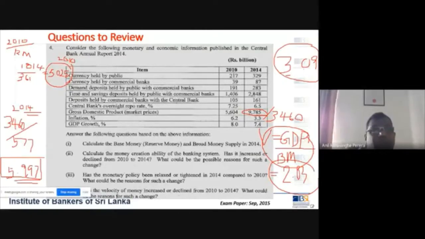Now, if you see a change in velocity, that could be due to the nature of transactions in the economy. Sometimes people do transactions without using money, without using cash, without using deposits.